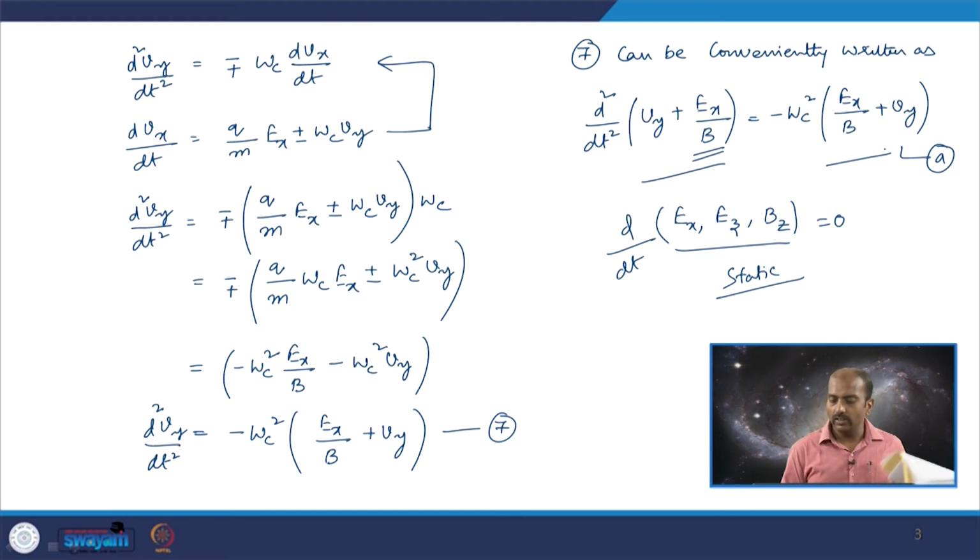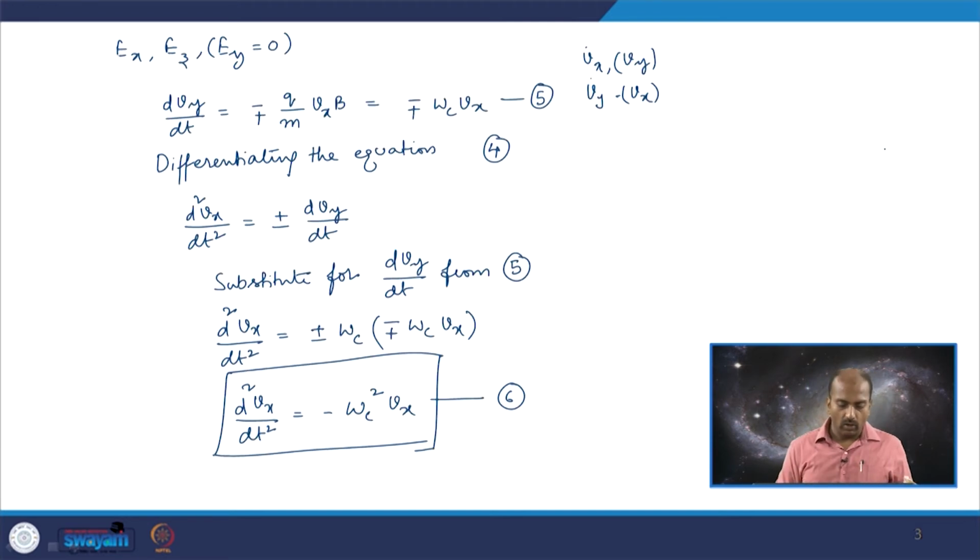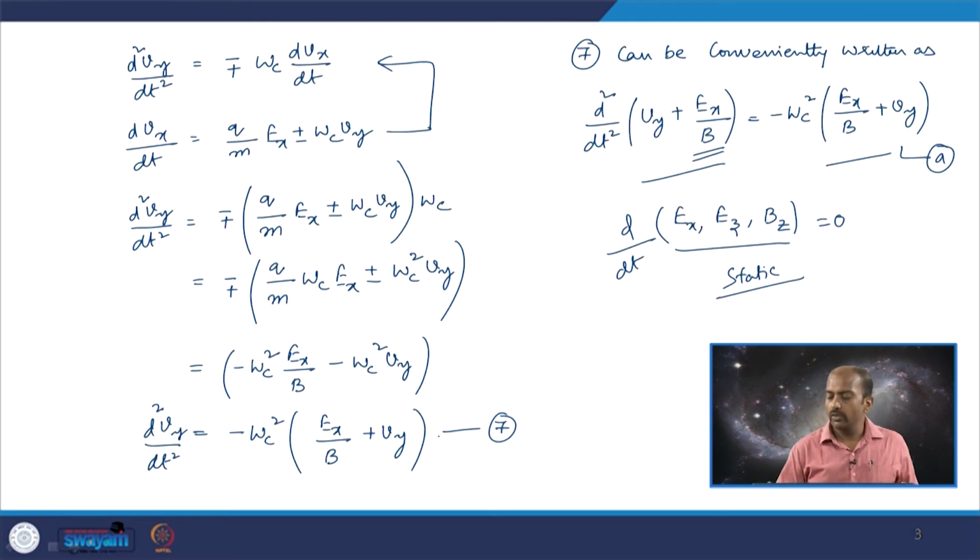So, what have I got? I have got one second order differential equation which we called 6, and the second order differential equation that we have got is called A, let us say. For understanding, let us write these two equations together so that we can understand what they mean as a whole.